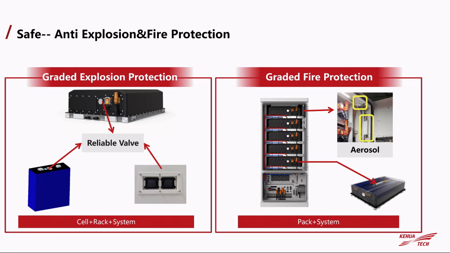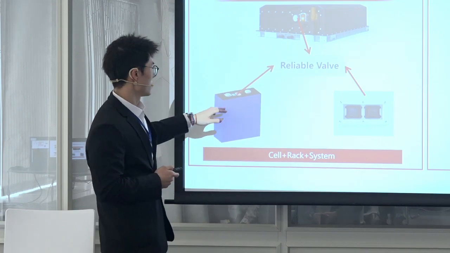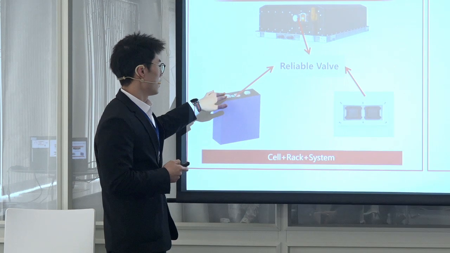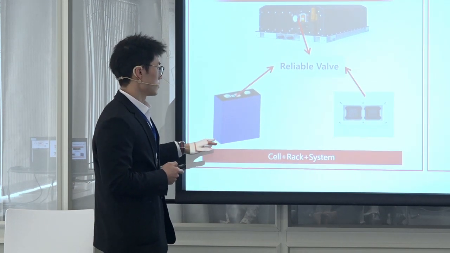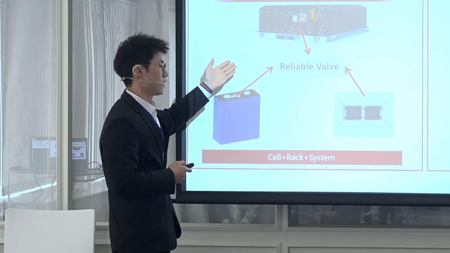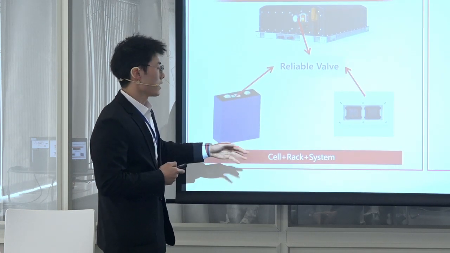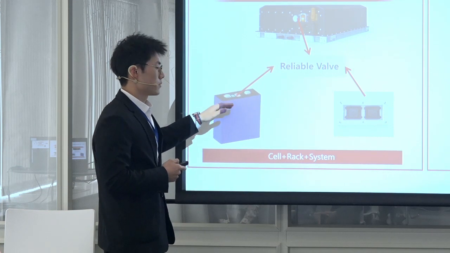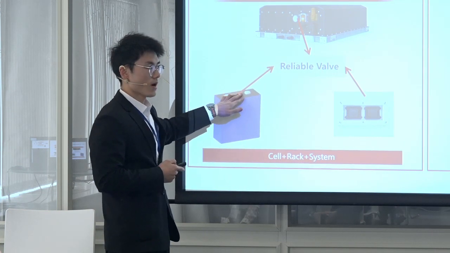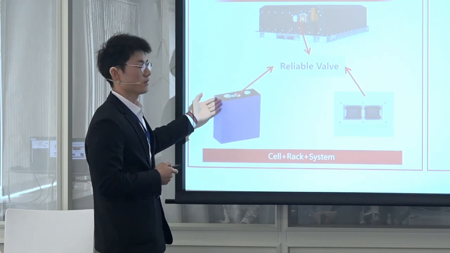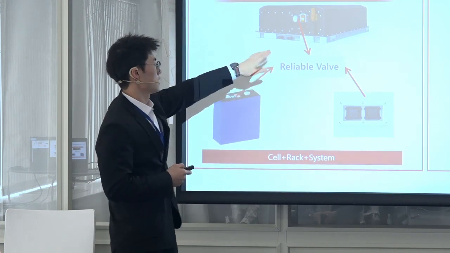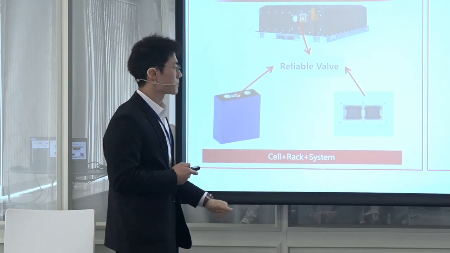We have a relief valve in each battery cell and each battery pack. If the pressure inside the cell and outside the cell is not equal, the valve can be pushed out and the gas released. Then the pressure becomes normal, and the valve pushes back. So it can balance the pressure inside and outside the cell. It's the same with the battery pack.